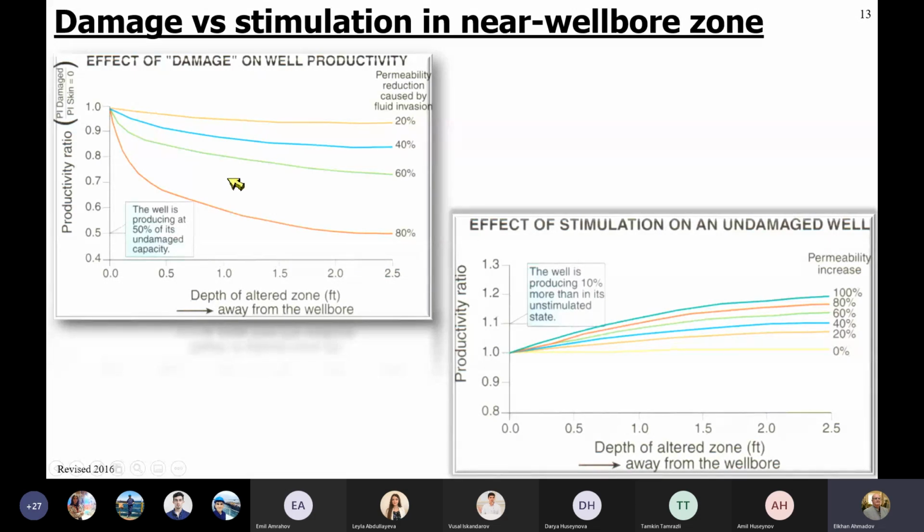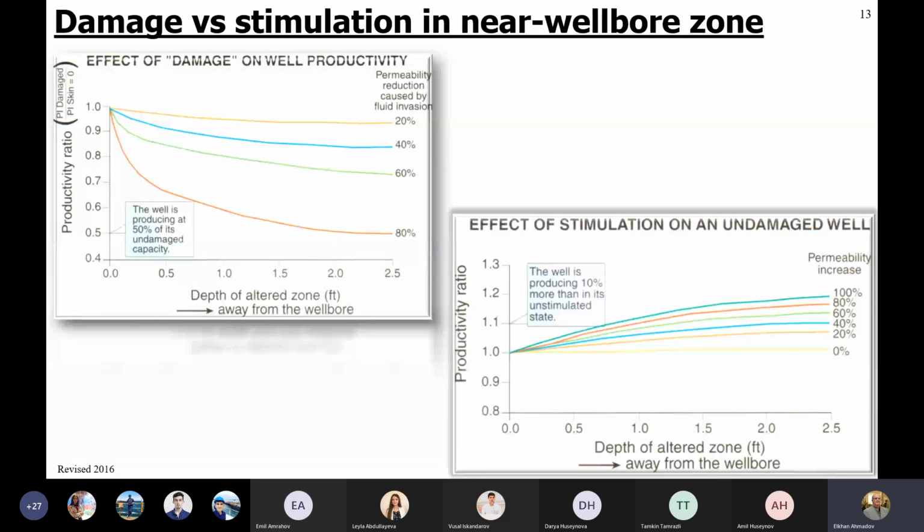effect. So from around 97, 98 productivity ratio, if we consider a 1 foot altered zone depth, it goes to approximately 60% of the productivity.